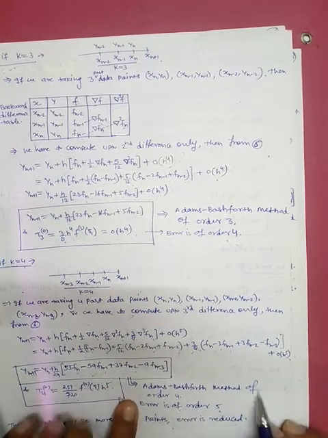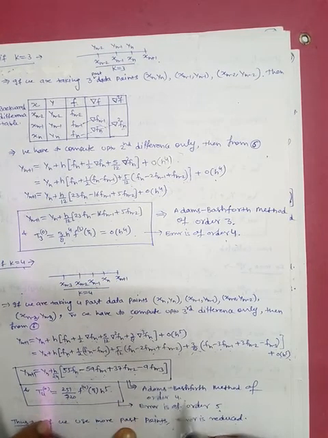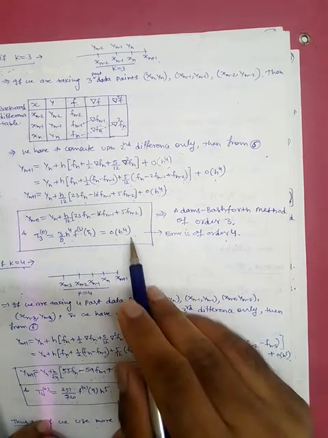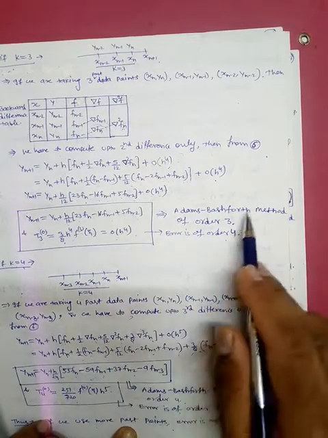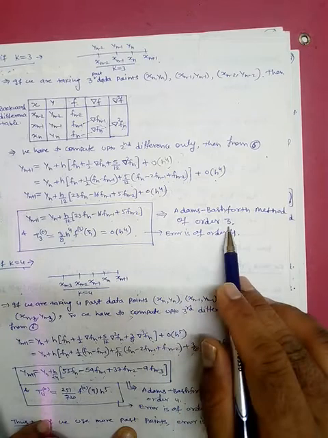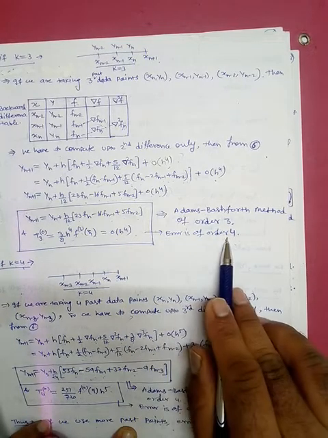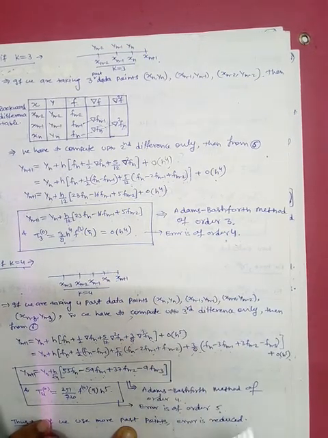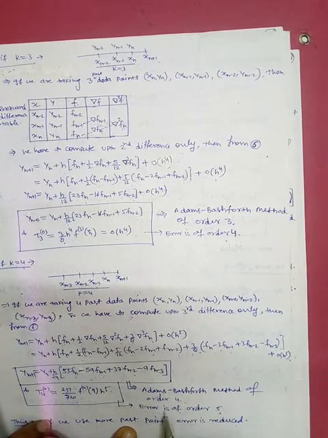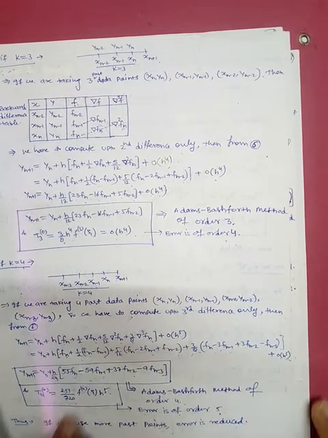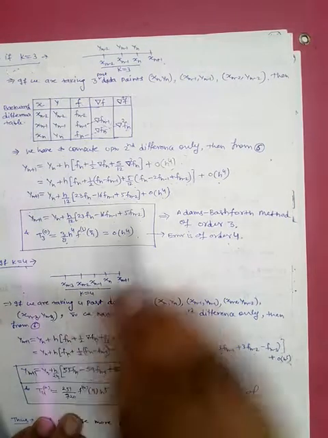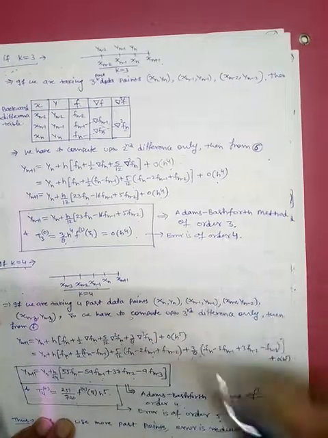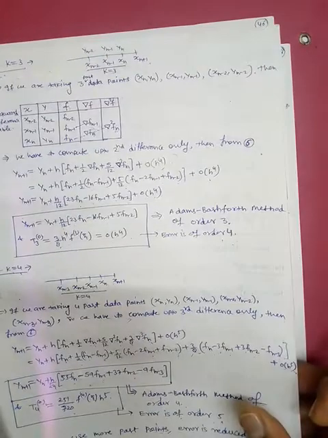This is the Adams-Bashforth method of order 4, and the error is of order 5. Here, the Adams-Bashforth method is of order 3, while its error is of order 4. Similarly, this is the Adams-Bashforth method of order 4 and its error is of order 5. Okay, so similarly you can find the formula for k is equal to 5, k is equal to 6 and so on. So this is basically the Adams-Bashforth method.